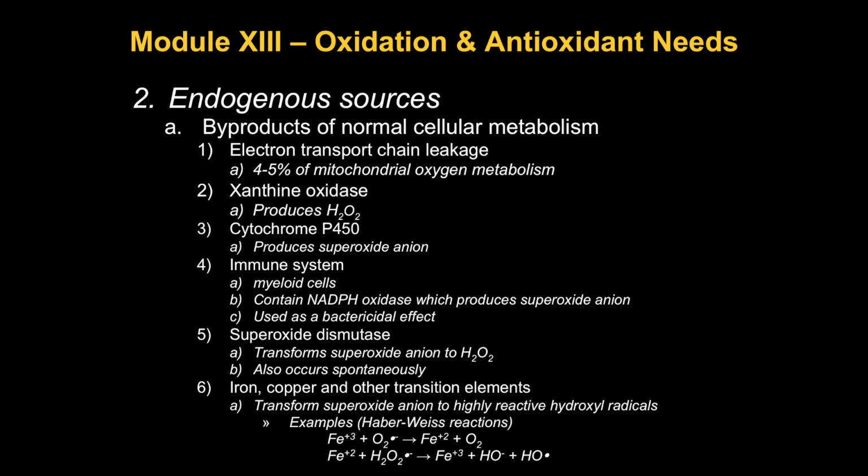The availability of iron and copper and other transitional elements, these are highly susceptible to hydroxyl radicals via the transformation of superoxide anion in what are called the Haber-Weiss reactions, where basically these electrons are being shuffled around and the elements actually can facilitate the production of free radicals.